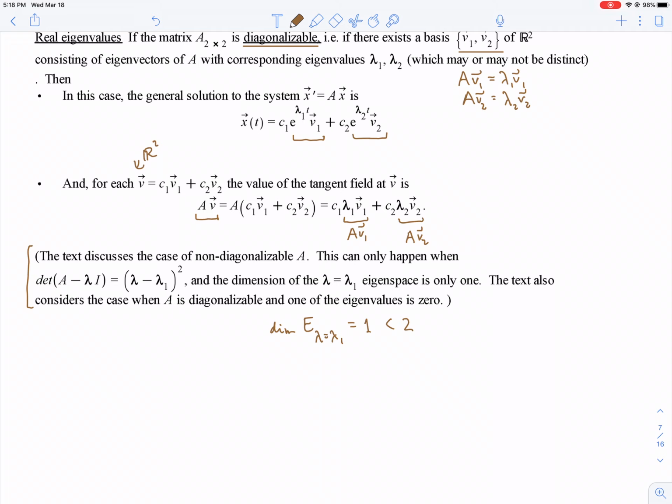We also today won't focus on what happens when one of the eigenvalues is 0. So we'll always be assuming that the eigenvalues are non-zero today. The text considers that case, and we might come back to it.